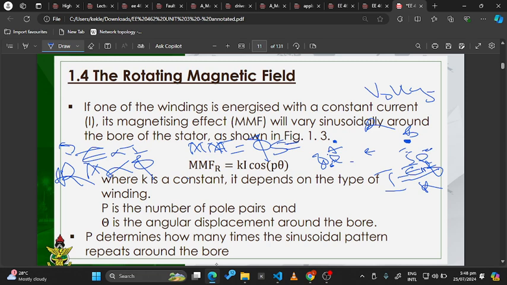Yes. So this magnetomotive force is a function of the current. And in another sense, this magnetomotive force is equal to the number of turns times the current flowing through the winding. Okay.